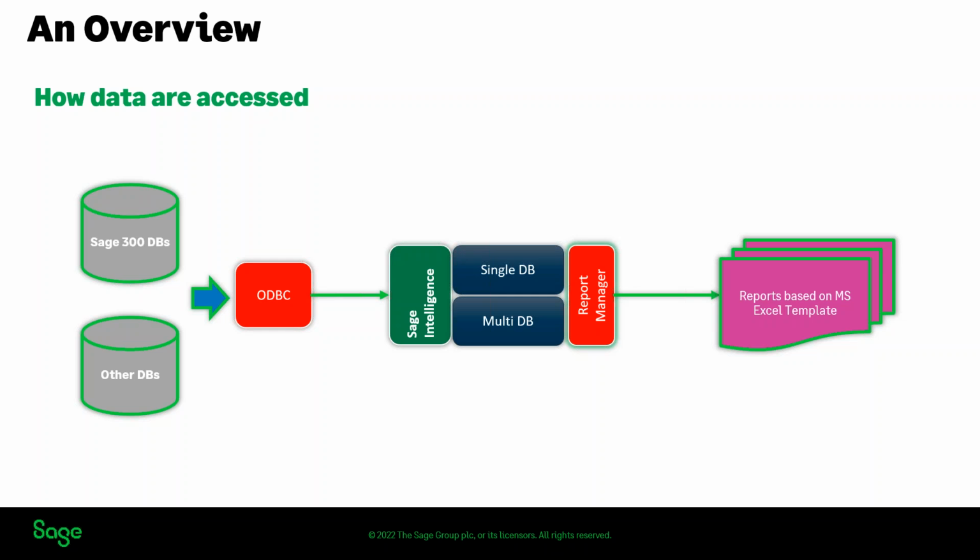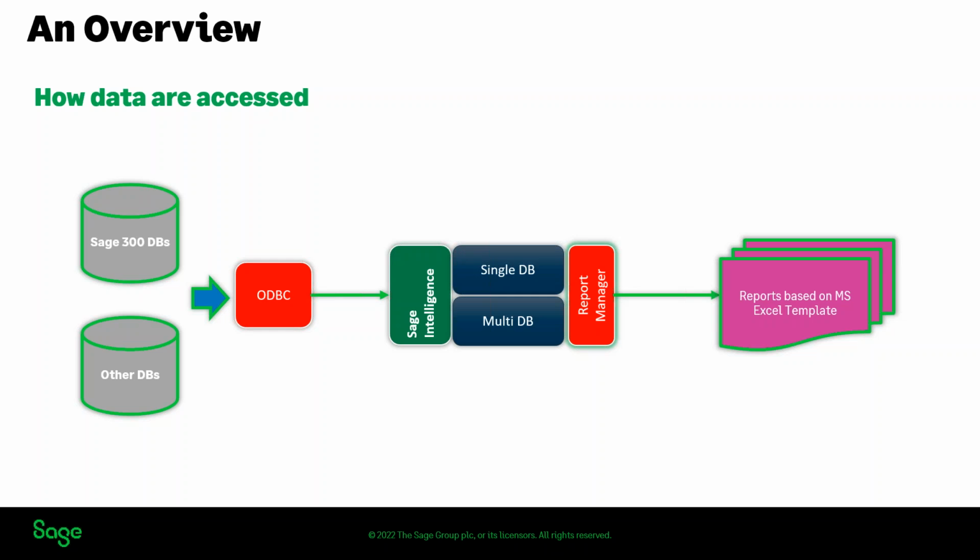So before we jump into the product, I just want to give you an overview of how this product accesses your Sage 300 data. So you can see on the left-hand side, you have your Sage 300 databases, right? If you have one company or many companies, each company typically is one database. You can also have other databases, as I mentioned. You could have your payroll data, or maybe some other unique application in your company.